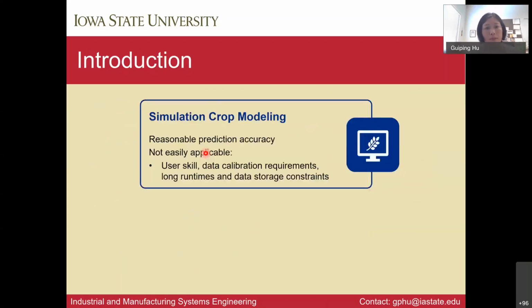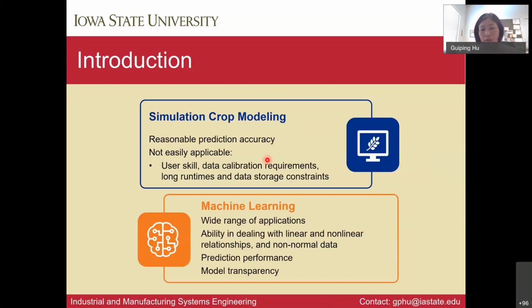So this is one slide to talk about crop monitoring as well as machine learning. There are pros and cons of each of them. For simulation modeling, crop monitoring, APSIM as an example, they have achieved reasonable prediction accuracy, but some of the downsides include it requires user skill to calibrate the model and understand the different inputs, and the computational time tends to be long and there are data storage constraints.